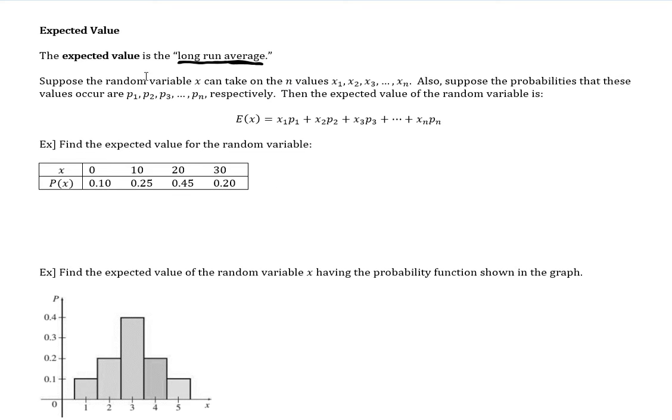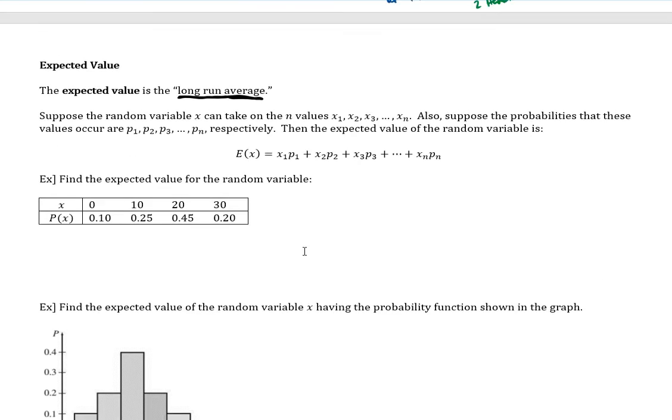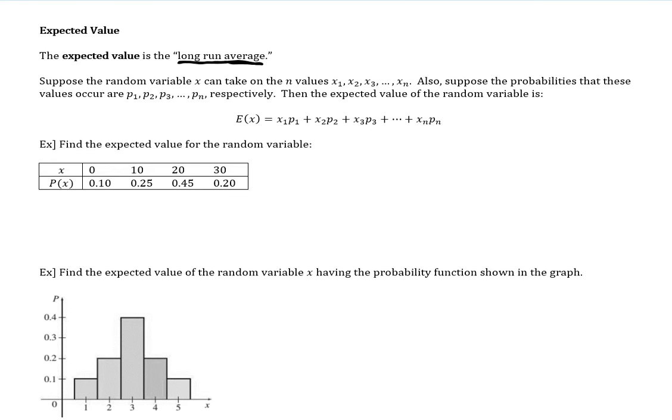Expected value is very important for casinos and gambling. They know, for instance, say somebody's playing roulette, which is a game where you spin a wheel and a ball lands on a number.